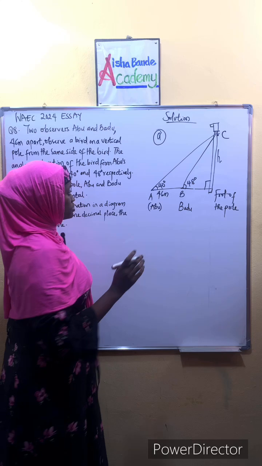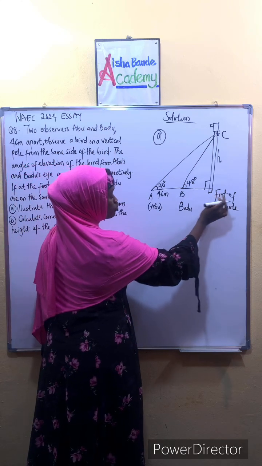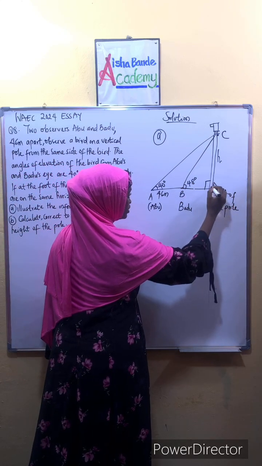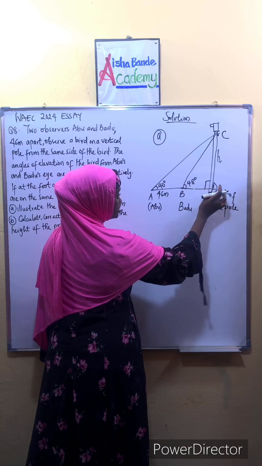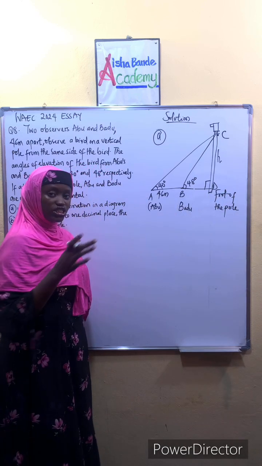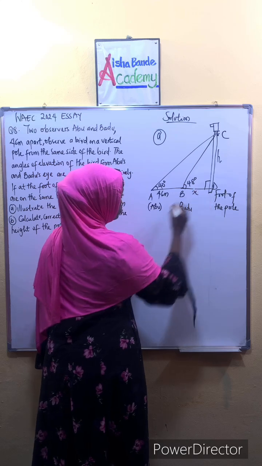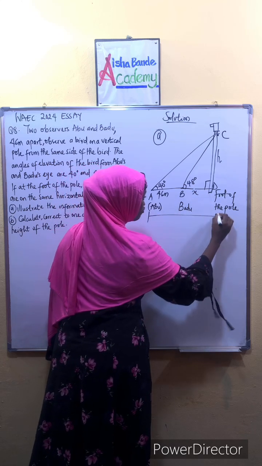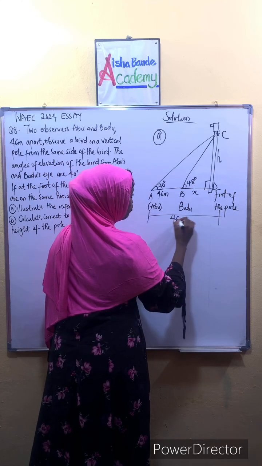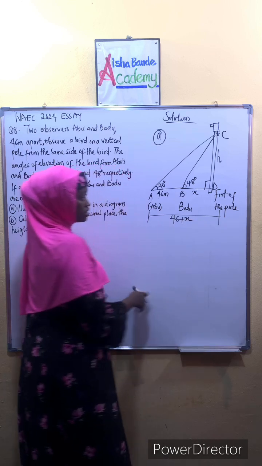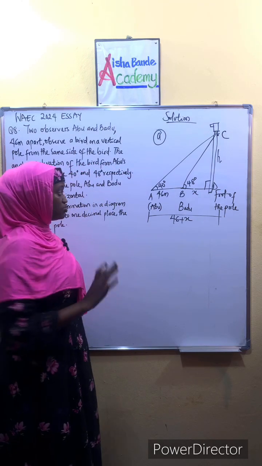There's another thing we need to observe from the foot of the pole, let's say point D. As you can see, from B to D we are not given the value for the distance, so let's call it X. That means the distance from Abu to the foot of the pole is going to be 46 plus X. So this is the complete diagram representation.